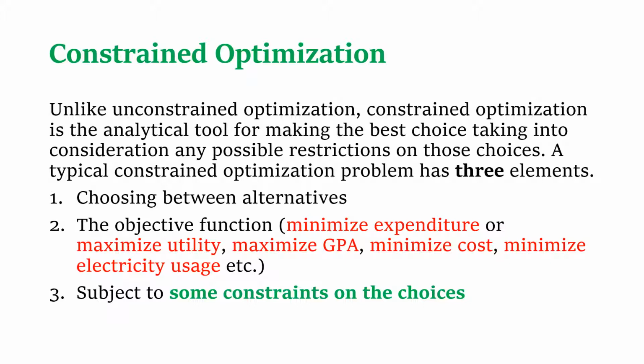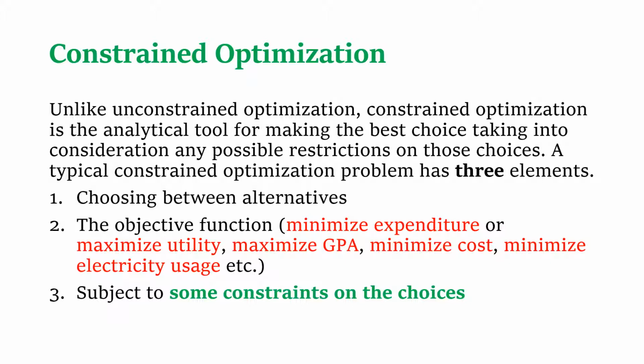So there are basically three elements here. One, you making a choice between alternatives, and then your objective function, right? Now when we say objective function here, we are looking at what?